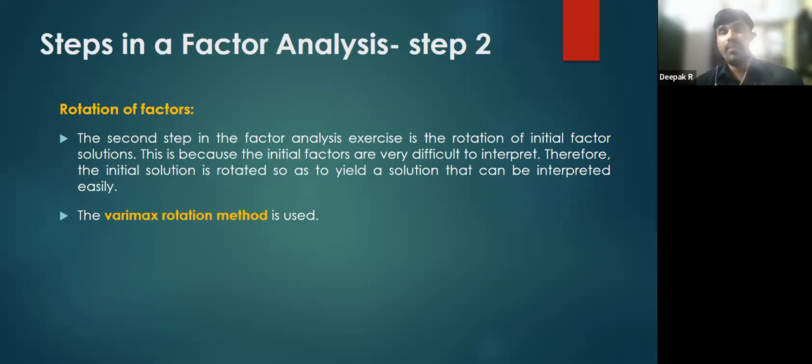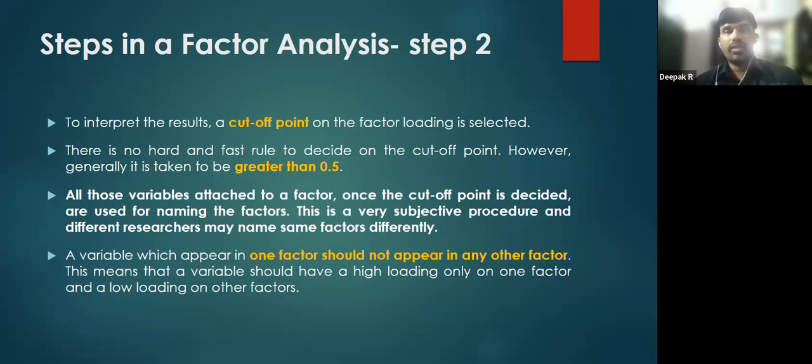Since we went for the Varimax method, the initial factors that we have obtained are difficult for us to interpret, and thus we go for the rotation, and the Varimax rotation method is what is followed.